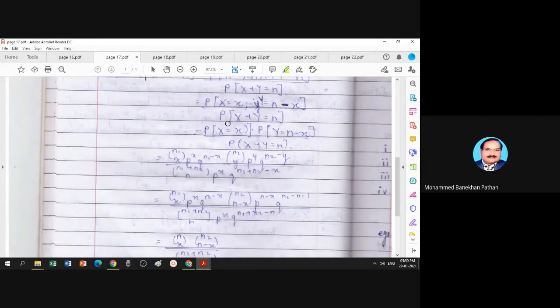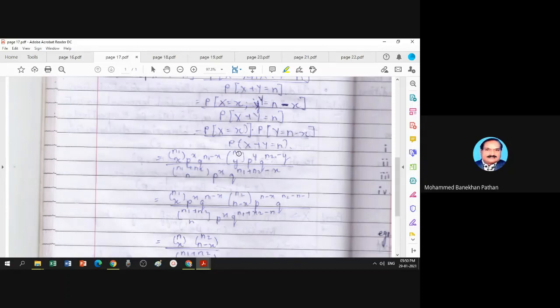Now, this is a binomial random variable with parameters n1, p, so I write a binomial formula. This is also a binomial random variable with parameters n2, p, so by using n2 and this point, I write a binomial.